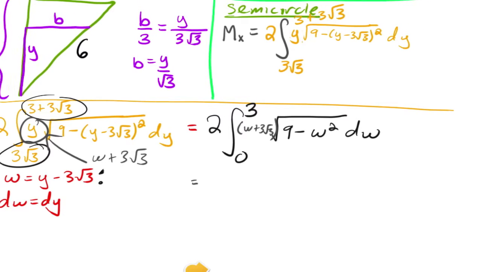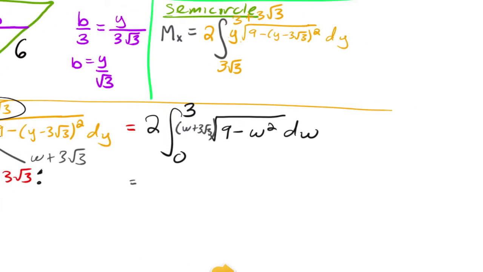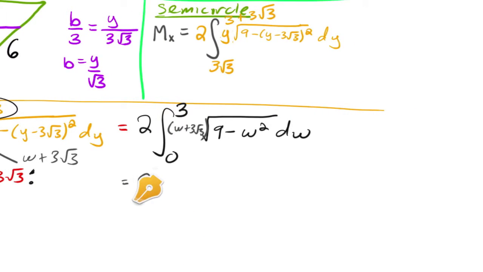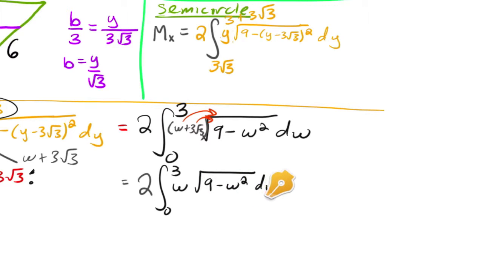Okay. Now, why don't we break this up into two integrals? Let's distribute this. So I have 2 times the integral from 0 to 3 of w times the square root of 9 minus w squared, dw.